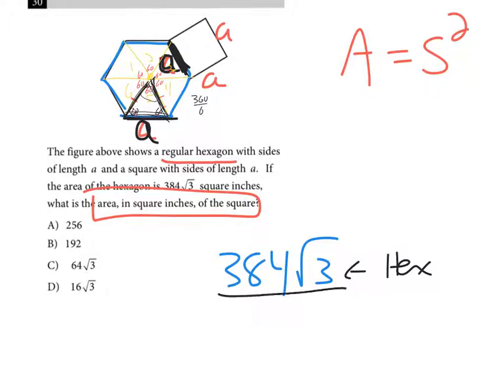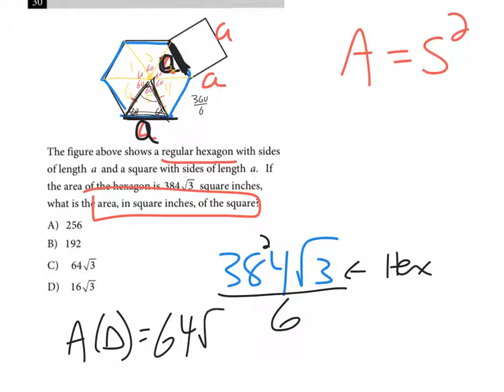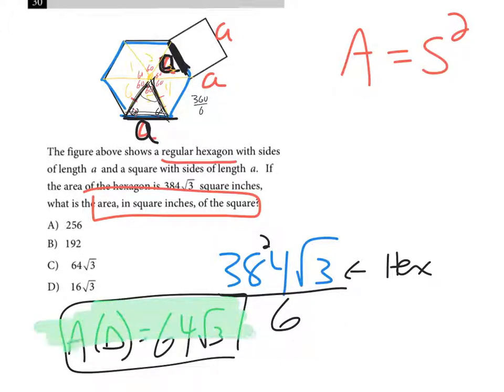Since I broke up the hexagon into 6 triangles, the area of each triangle is 384 radical 3 divided by 6, or 64 radical 3. So the area of each of those equilateral triangles is 64 radical 3.